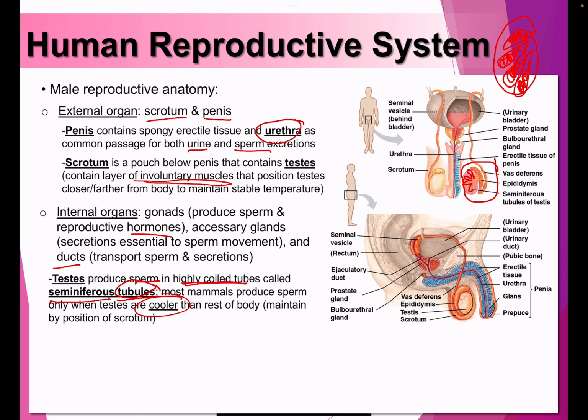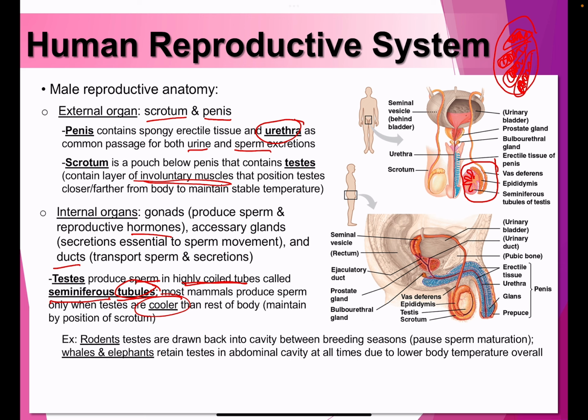Rodents' testes, compared to humans', are actually drawn back entirely into their abdominal cavity between breeding seasons. When they're all the way up in the abdominal cavity, it's too warm for sperm to be made, which is why this pauses or interrupts their sperm maturation, which in this case makes sense.